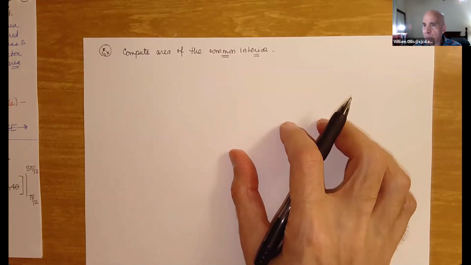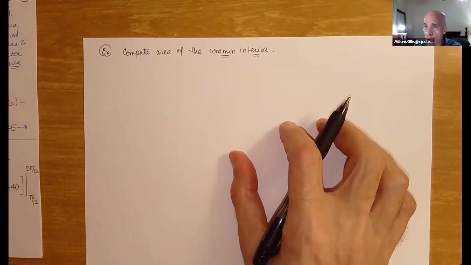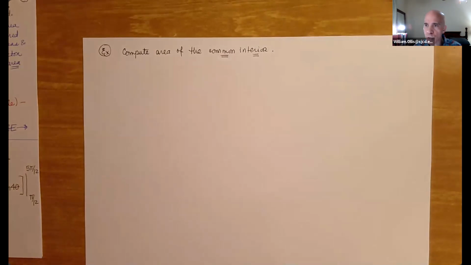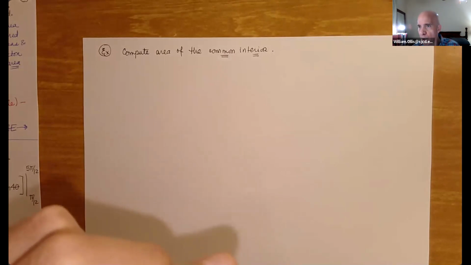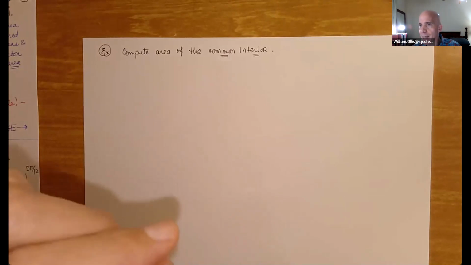And if you look at some of the videos in the textbook, they cover this. But it could be that two curves actually intersect at the same point for differing values of theta, and you'll see that in your homework. So usually when you make your sketch, you'll say, oh, these both intersect at the pole, but not at the same value of theta.